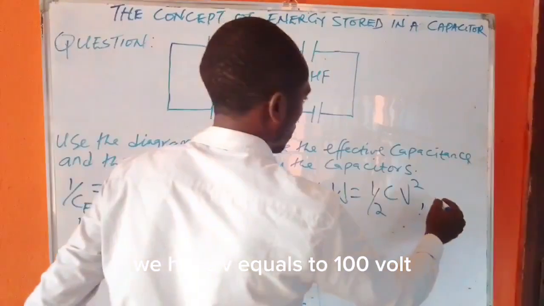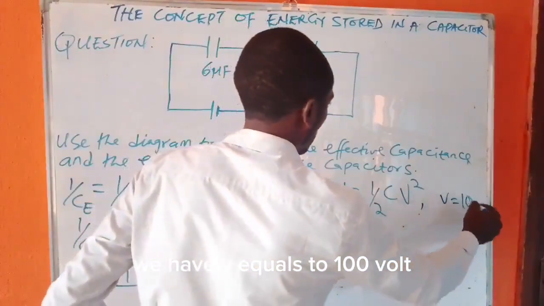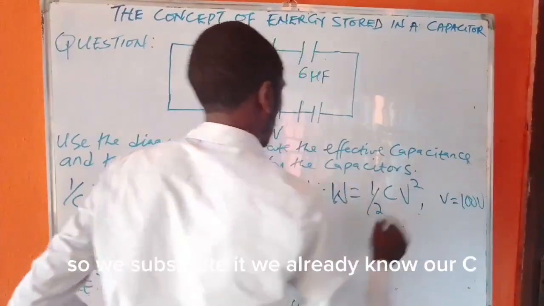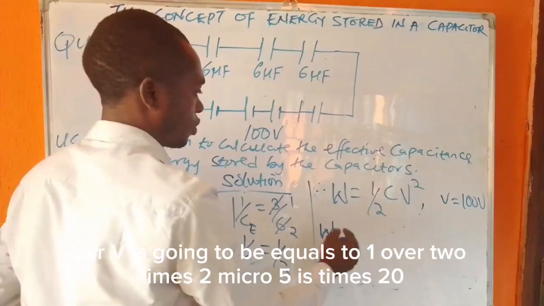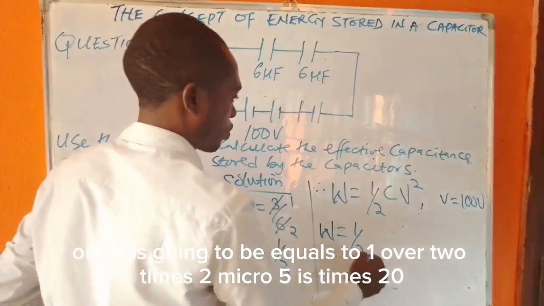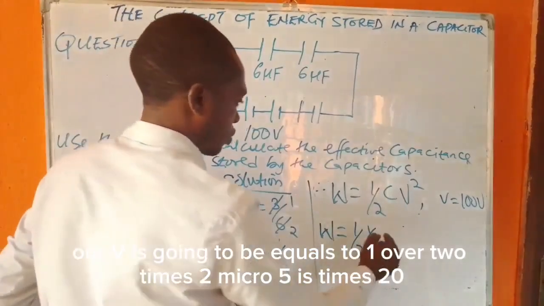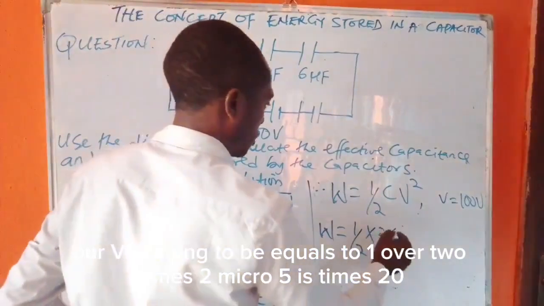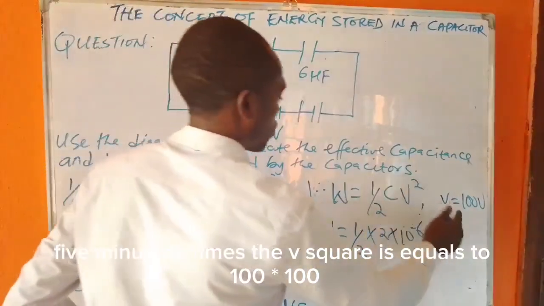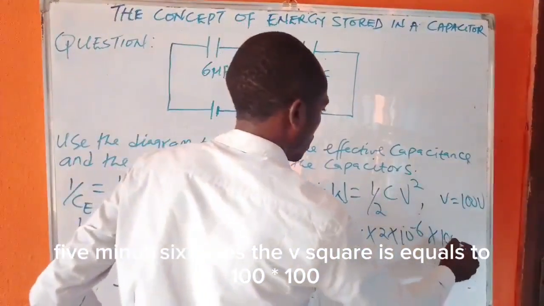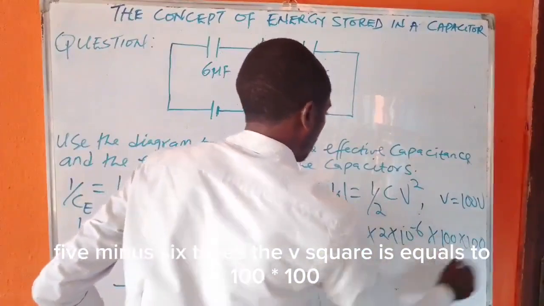We have V equals 100 volt. So we substitute; we already know our C. W is going to be equal to 1 over 2 times 2 microfarad, which is 2 times 10 to the power minus 6, times V squared, which is 100 times 100.